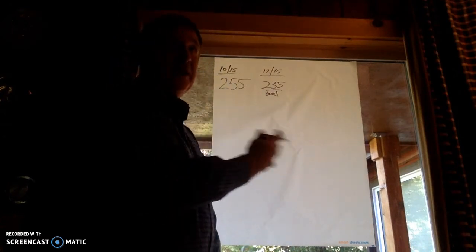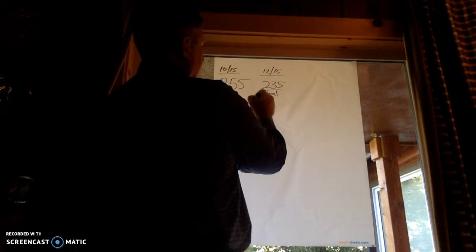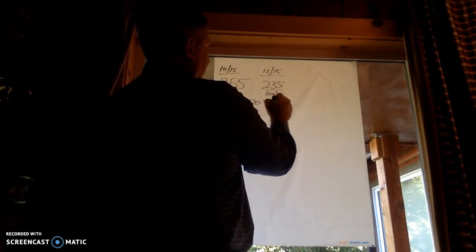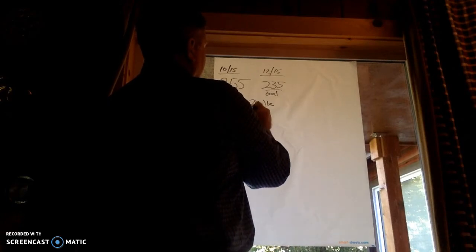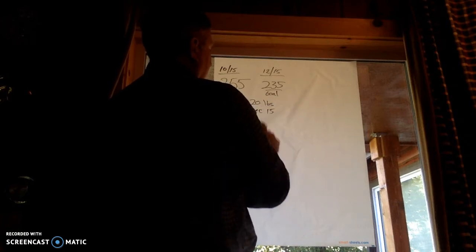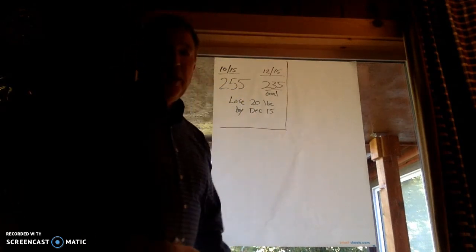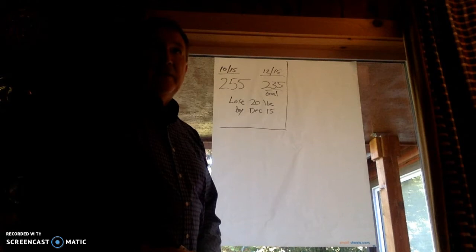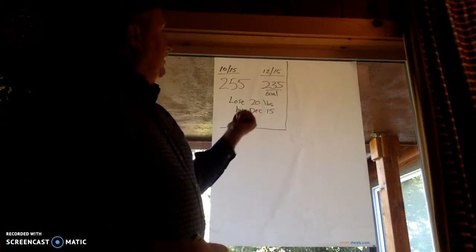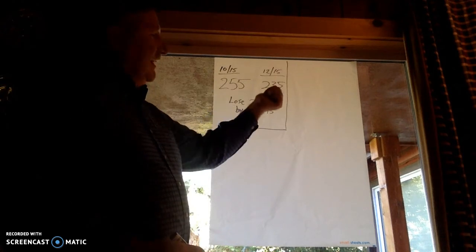Another way of saying it is to just state the gap. I want to lose 20 pounds by December 15th this year. So that becomes kind of the first quadrant, the what, if you will, of this four modes thinking. And you can see that I've tried to make it as clear as I can.